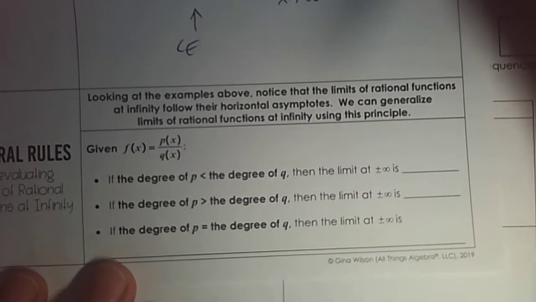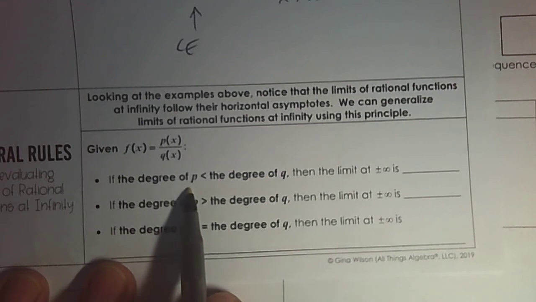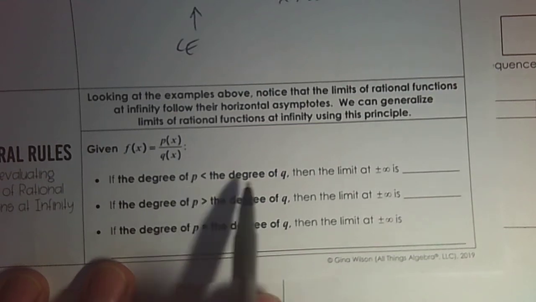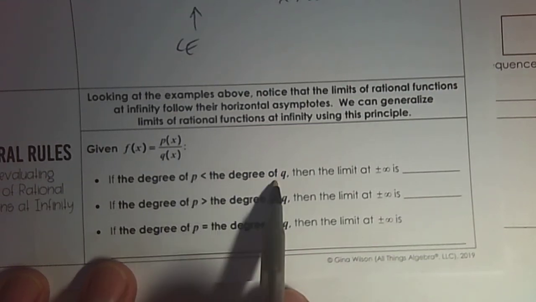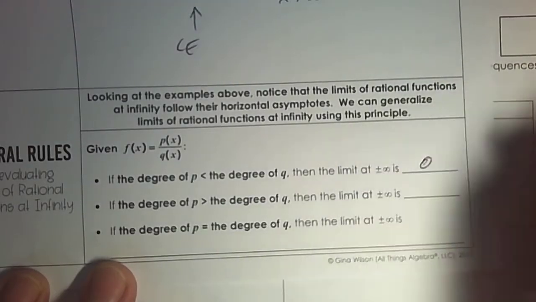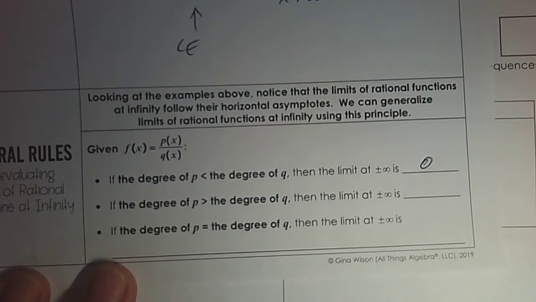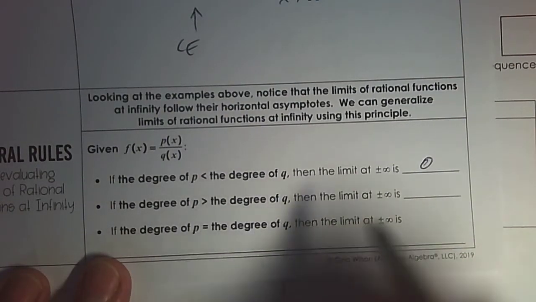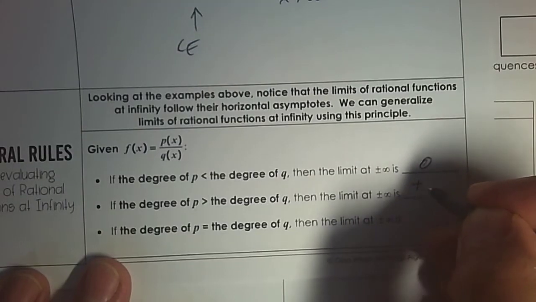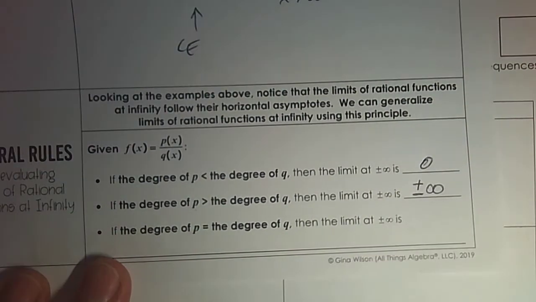So the general rules, of course, is that if the bottom is stronger, or the top is weaker, then this answer is 0. If the top is more powerful, then the limit is either going to be positive or negative infinity.